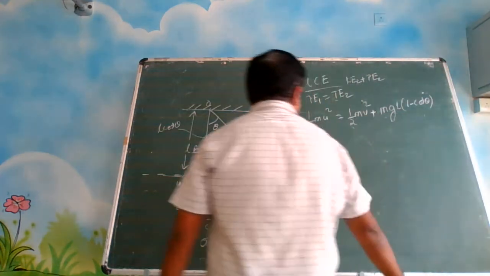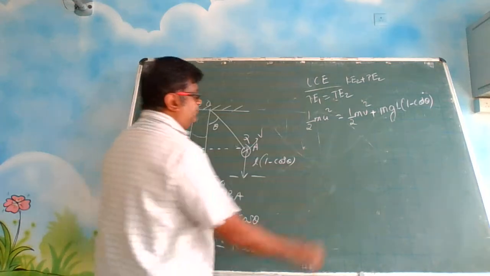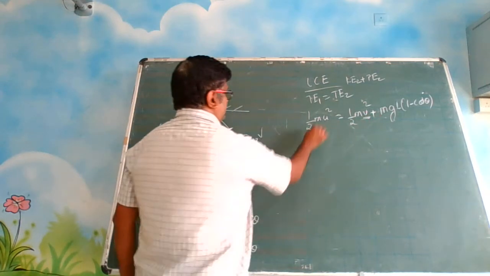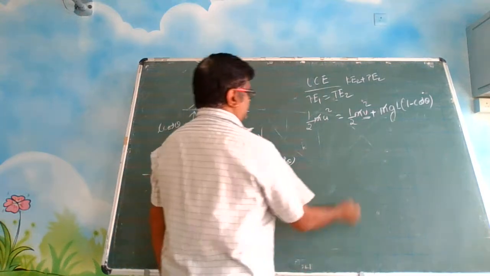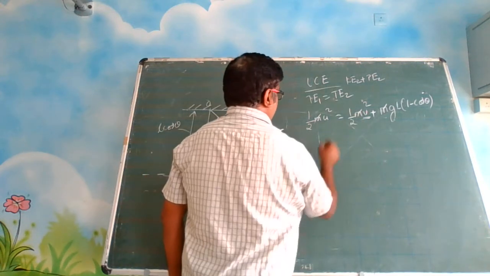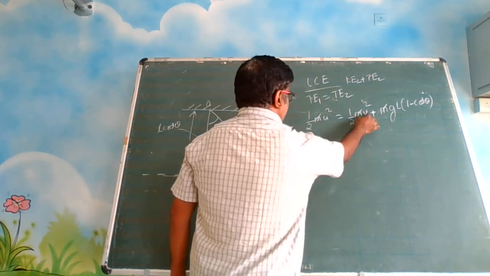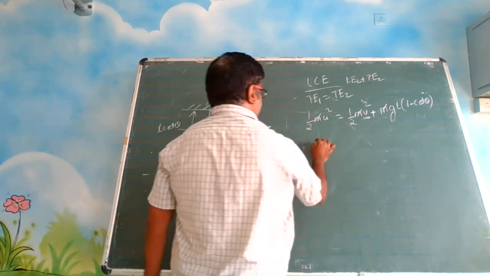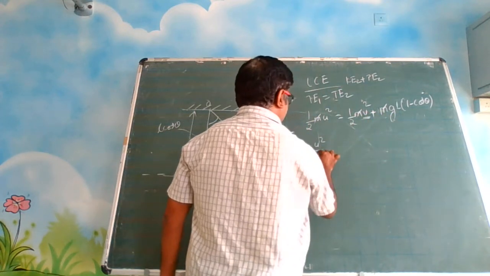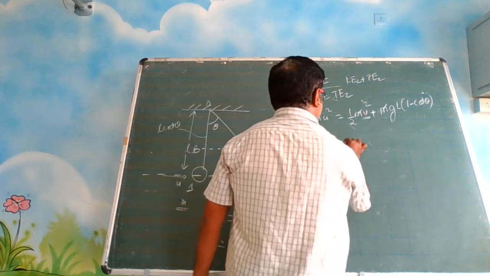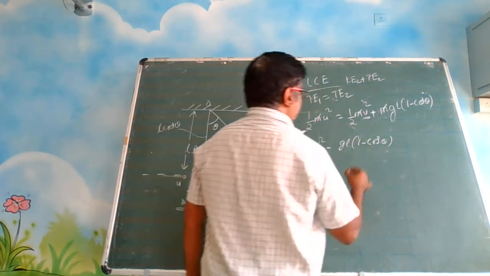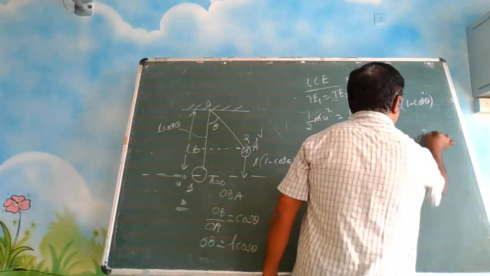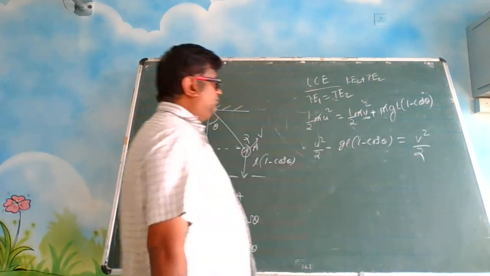After that, what do you have to find out? You have to find out v. So just cancel out m. Okay? So what did we get? We have to find v, so bring this term to this side. It becomes u square by 2 minus gL into 1 minus cos theta is equal to v square by 2.